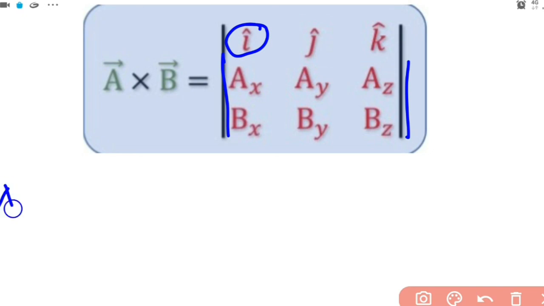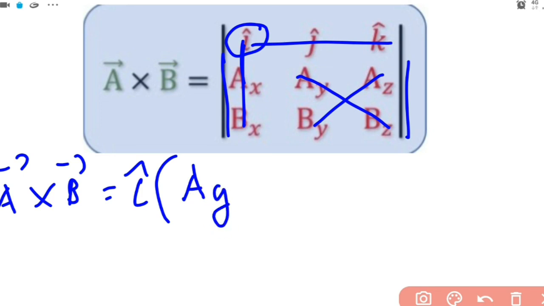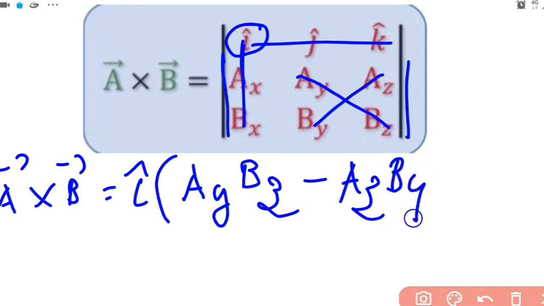So vector A cross vector B is equal to i cap into... Then you have to leave that particular row and column. So you have 4 terms like this. From the first term onwards you take, that is ay bz minus az by. Then next term plus j cap into.